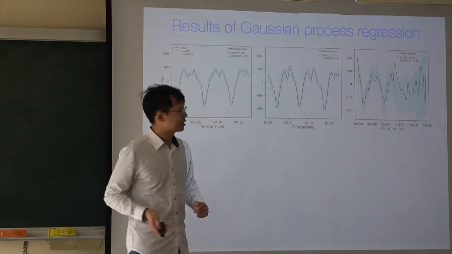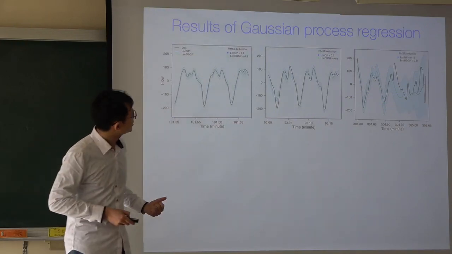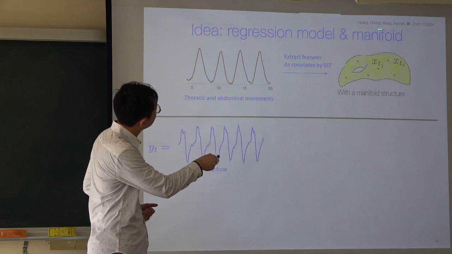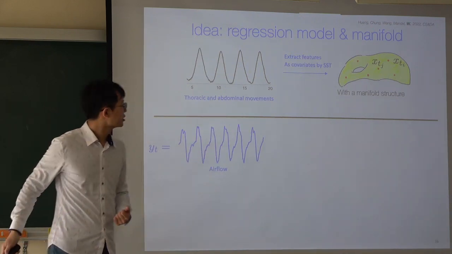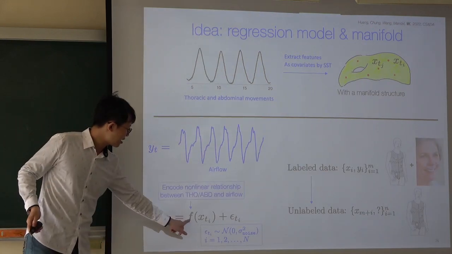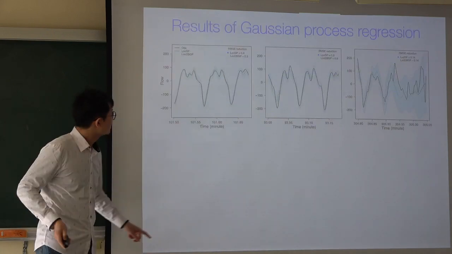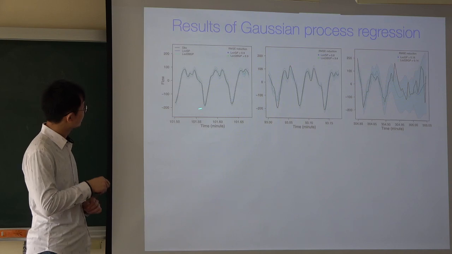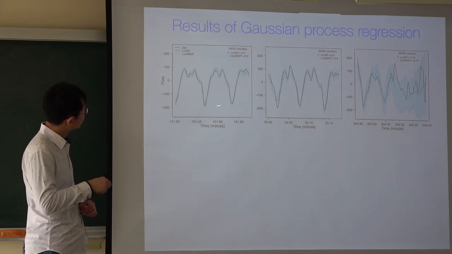We proposed this in a work, and the paper is here. If you are interested, you can go into details. What we propose to learn this function F is Gaussian process regression. And this is the result. This is a high quality reconstruction.